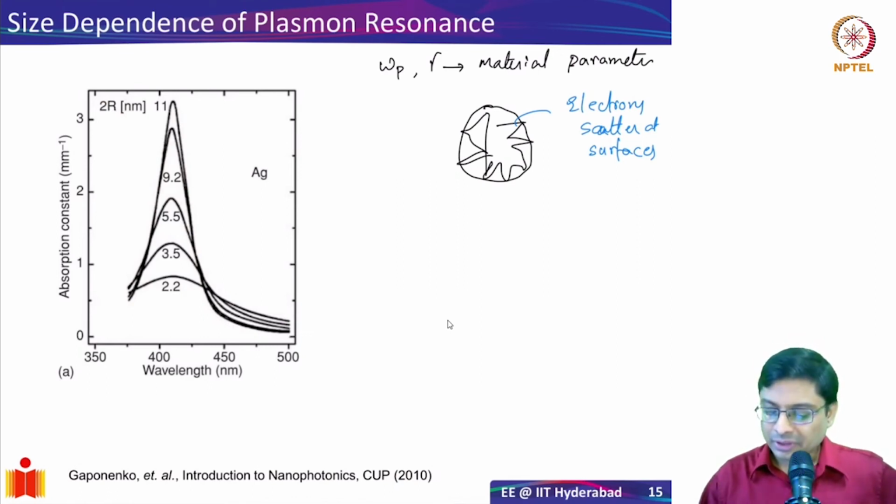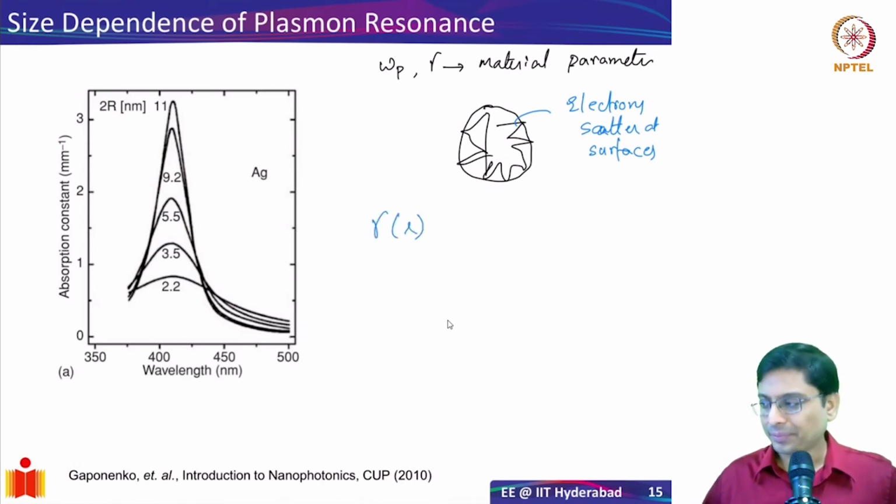So instead of gamma being purely a material parameter, I can write gamma as a function of the radius of the particle. If the radius is quite small, I have the initial gamma naught, which is my material loss, plus a term where A is a constant.